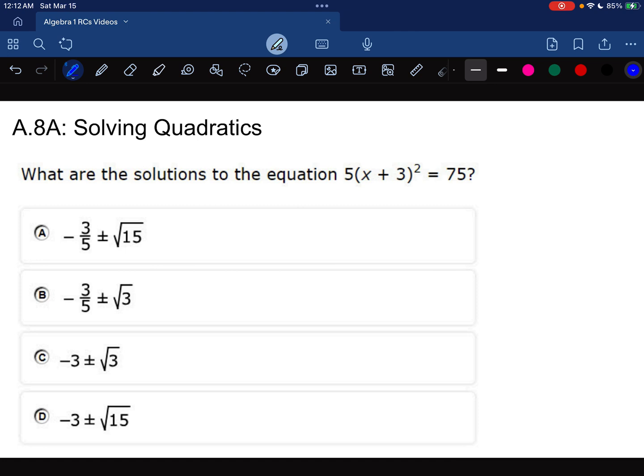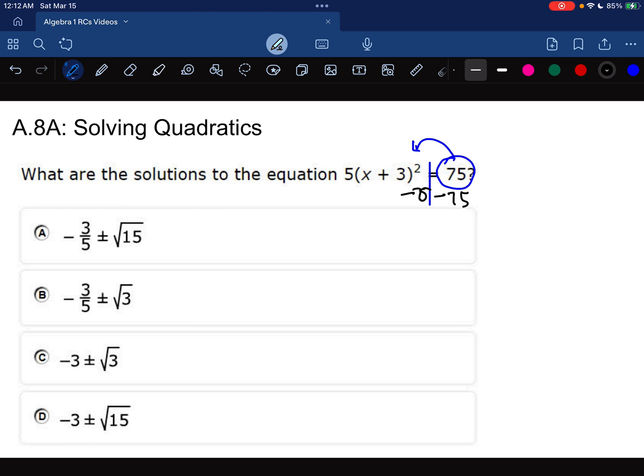We're not going to be able to plug it in just like this and find our x-intercepts. So I need to move this 75. How do I need to move this 75 to the opposite side to make it equal to 0? Correct. Subtract 75 from both sides.